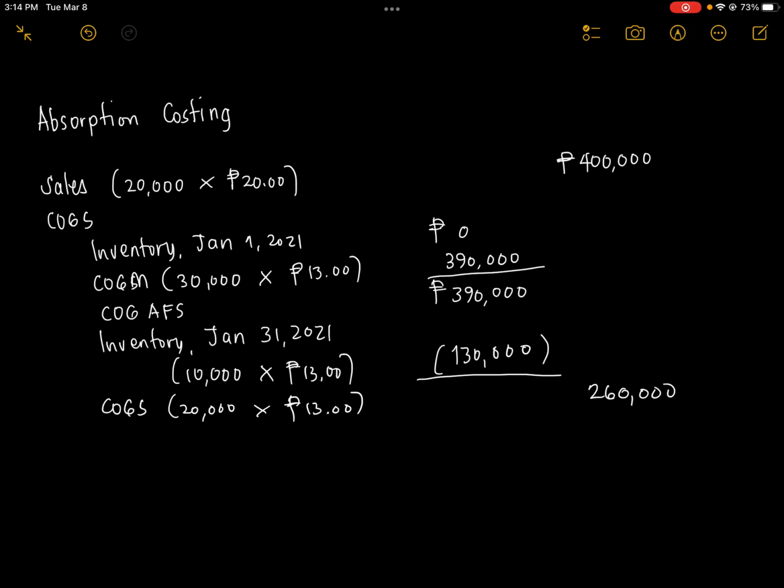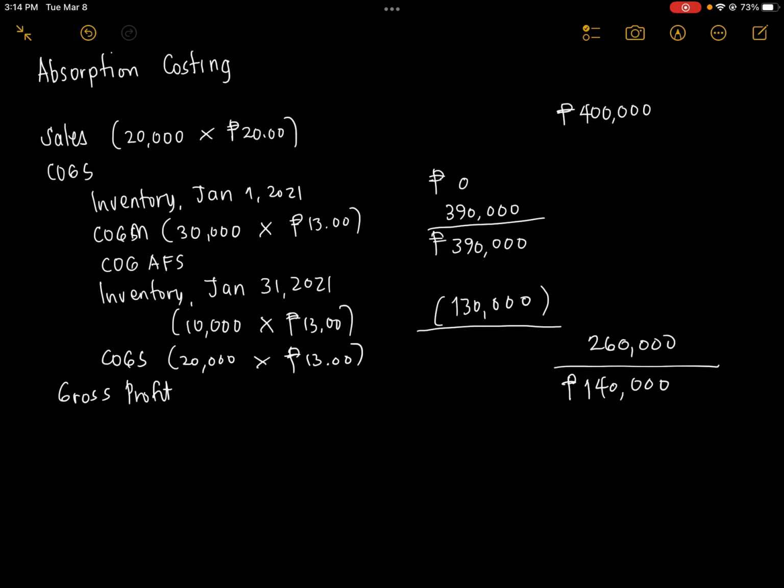So that's 260,000. And then of course you deduct the 260,000 from the 400,000 in order to get the gross profit, and the value is 140,000. Of course, we will deduct the operating expenses. We have our variable selling and administrative, just to separate one from the other. How is it computed?